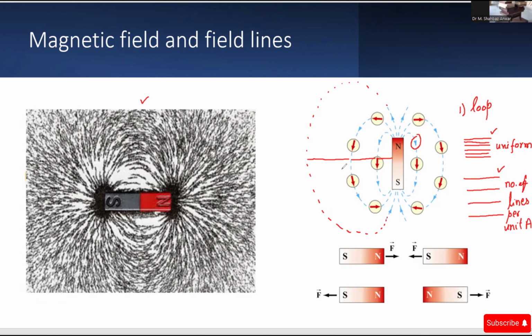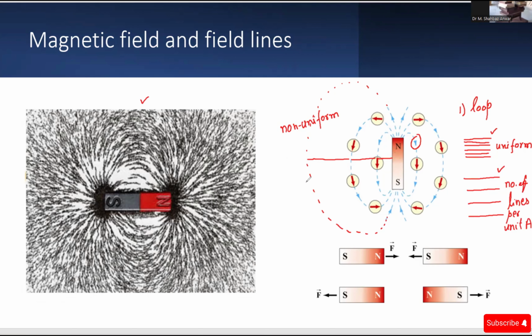So the magnetic field around a bar magnet is non-uniform. It is not a uniform field around the bar magnet. And secondly, you can say closer to the bar, the magnetic field is stronger, and as you go far away from the bar, the magnetic field strength reduces.